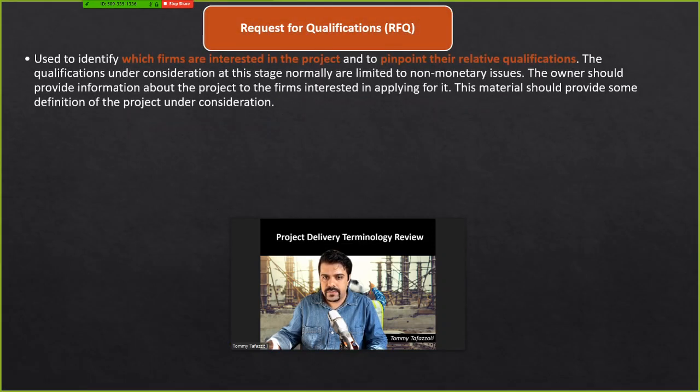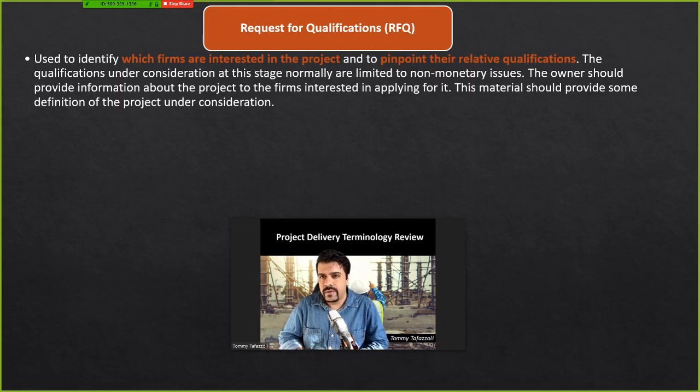RFQ, or Request for Qualification, is a process in which the firms that are interested in the project are invited to pinpoint the relative qualifications of the competitors.